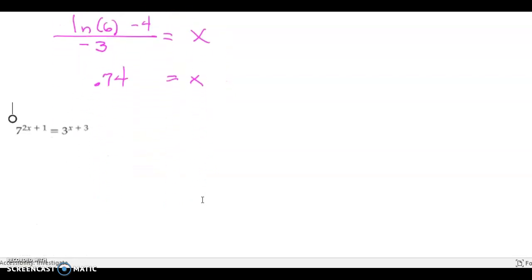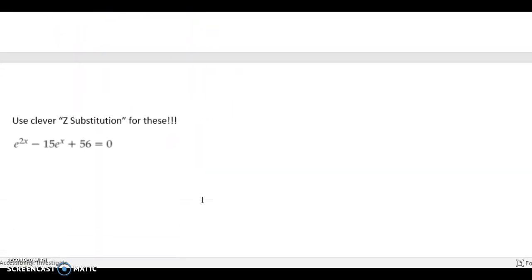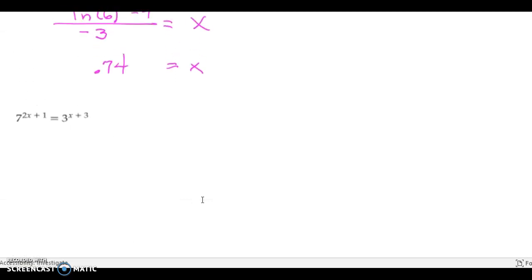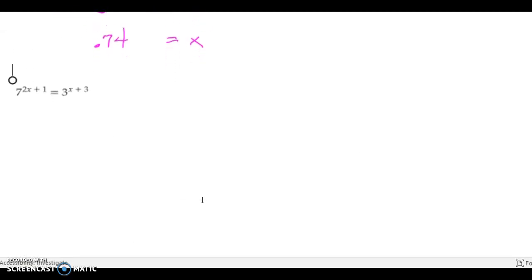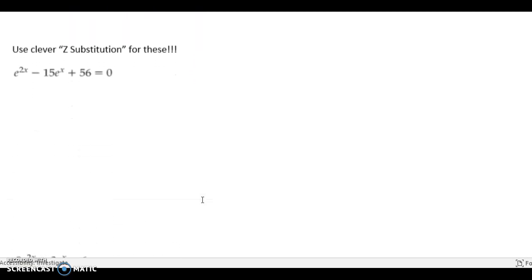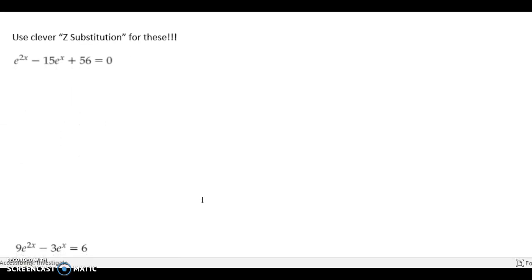All right, let's try a couple more. This is really the same thing. Let's go to this one. I'm at 13 minutes right now. Use z substitution for these. We're going to let z equal whatever this is, e to the x.